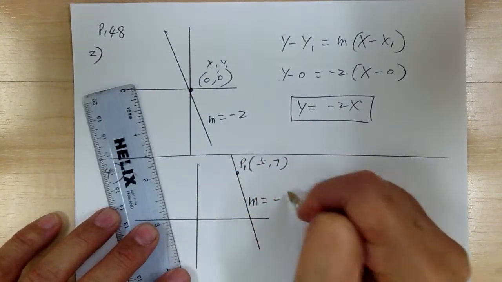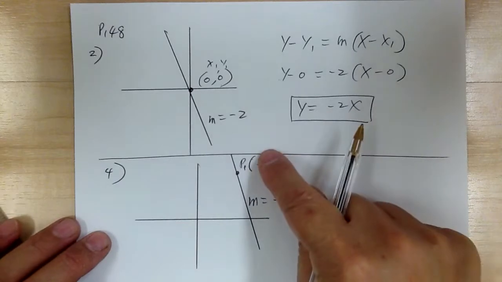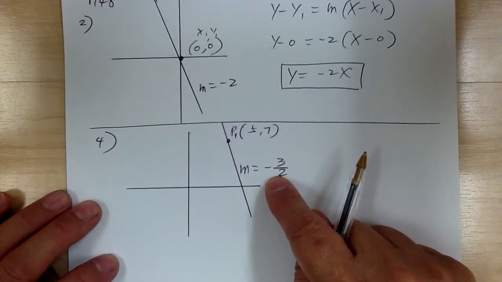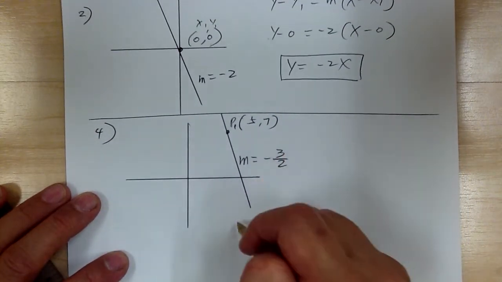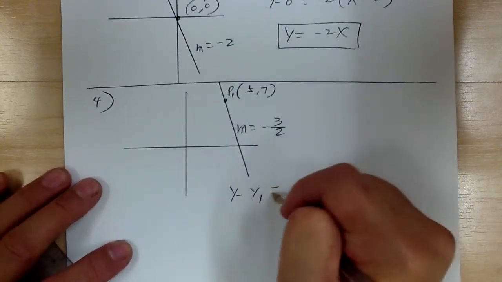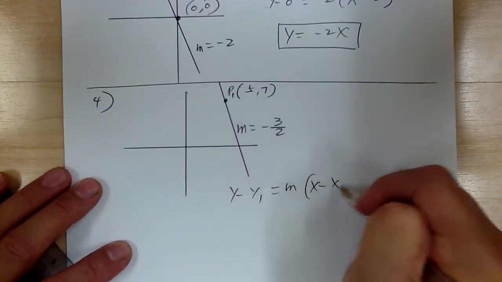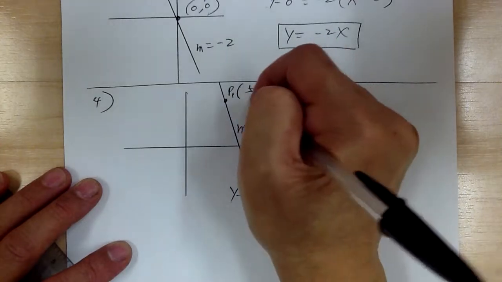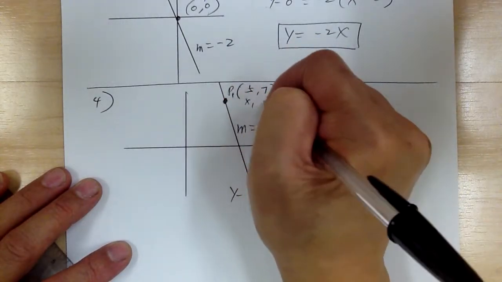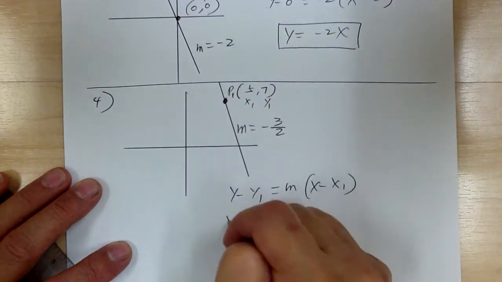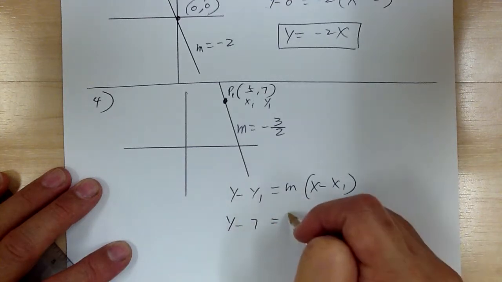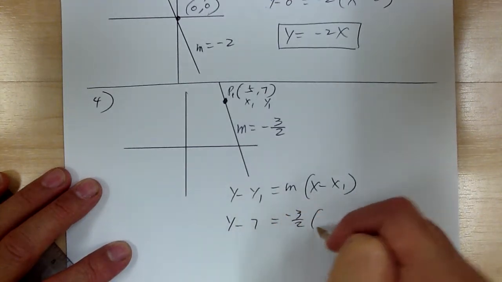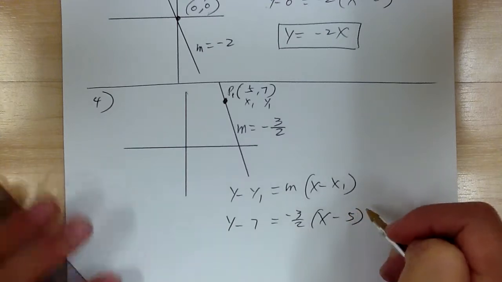Again, you have a point and a slope, so you want to use the point slope form: y minus y1 equal to m times x minus x1. Substitute, since this is your first point, your x1, y1. So y minus 7 equal to -3/2 times x minus 5.